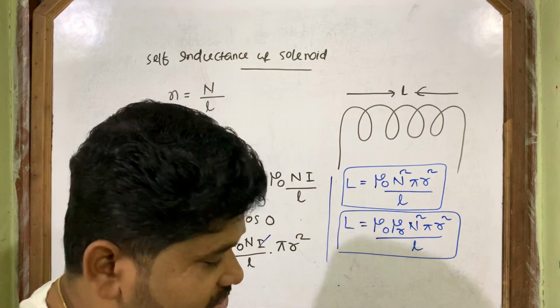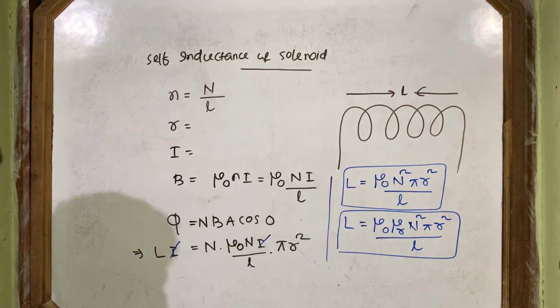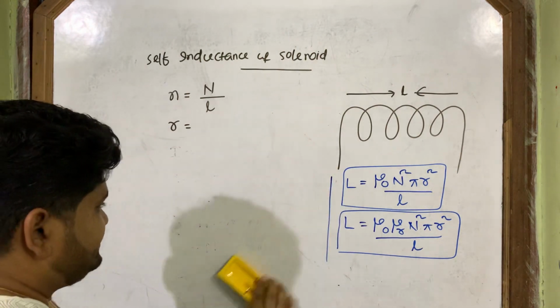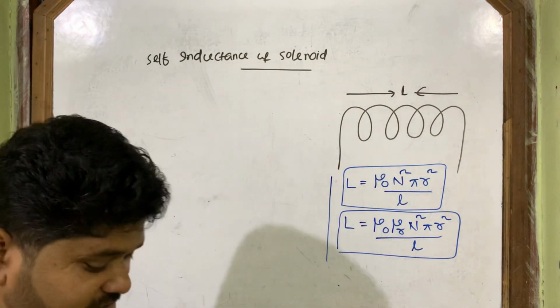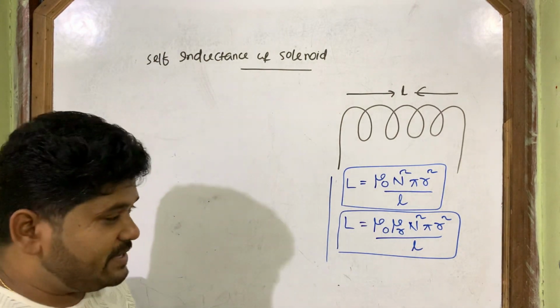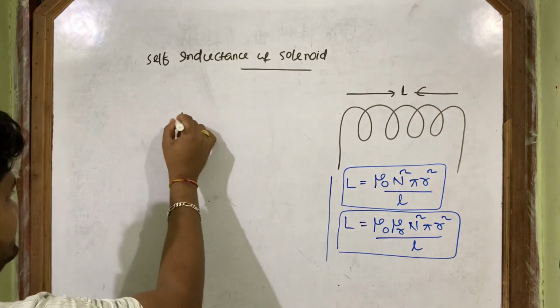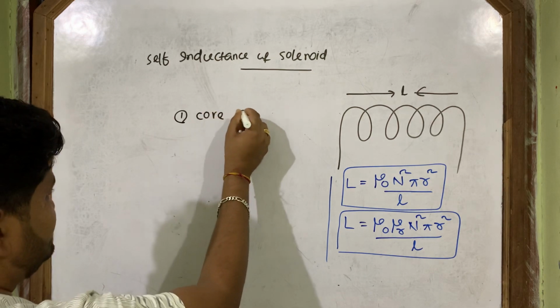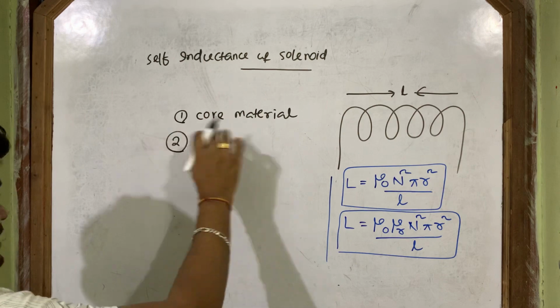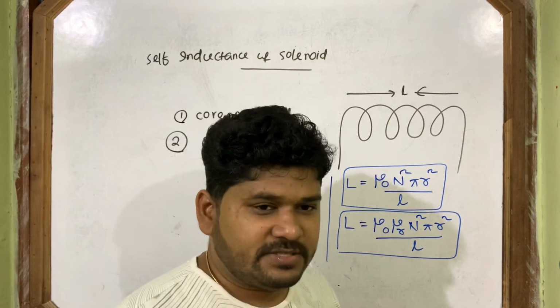So this is the expression for the self-inductance of the solenoid. But on which factors does this self-inductance depend? This question comes in exams. First, it depends on the core material, whether it is vacuum or any ferromagnetic substance.